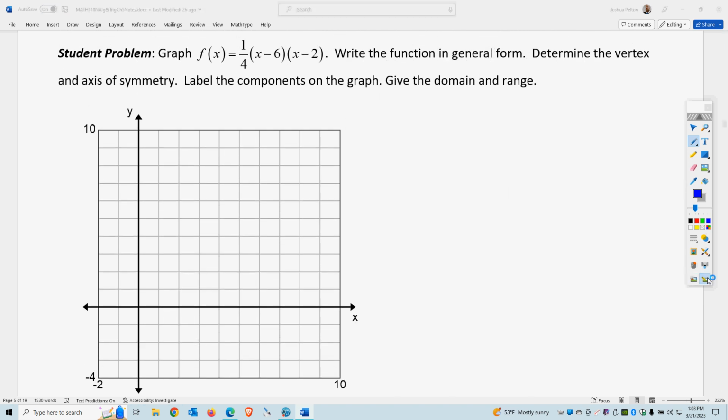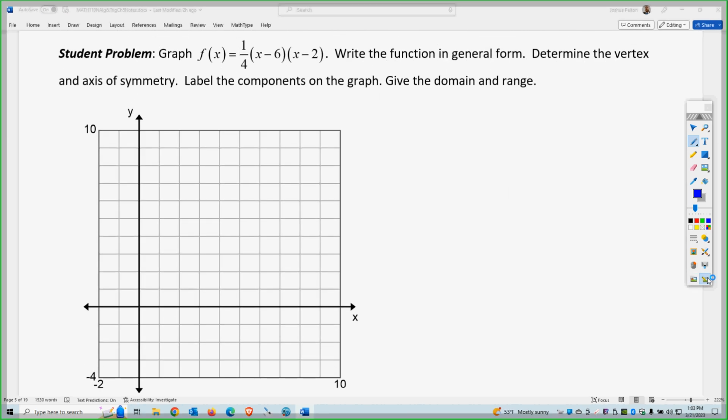Okay, so let's first get our x and y intercepts. So our x-intercepts are 6, 0 and 2, 0, because that's the p and q values from the factored form, right? You can set it equal to 0 to solve if you want. So 2, 3, 4, 5, 6 goes right there. So our y-intercept, you plug in a 0, right?